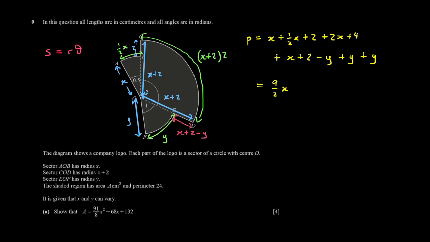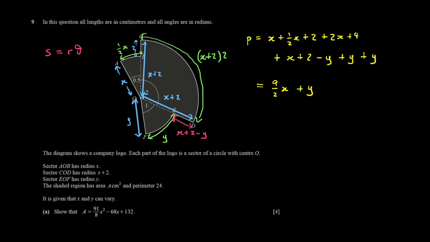Just redo that just to make sure. x, that's 3 upon 2x, 7 upon 2x, right, so that's 2x, plus that 9 upon 2x. Yes, I agree with that. Okay, then let's do the y's. We have got minus y plus y, which is 0, plus y. So we get plus y there.